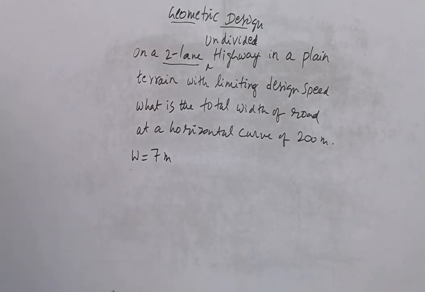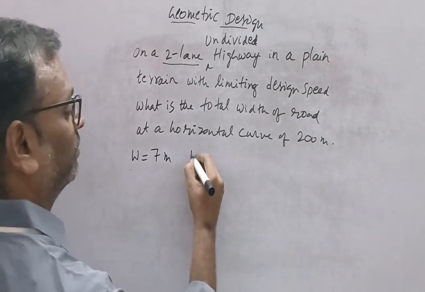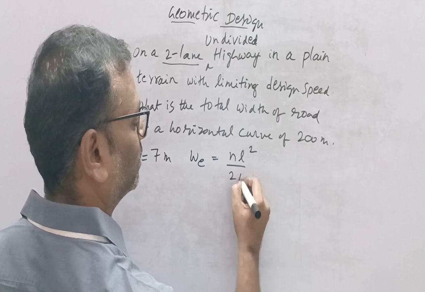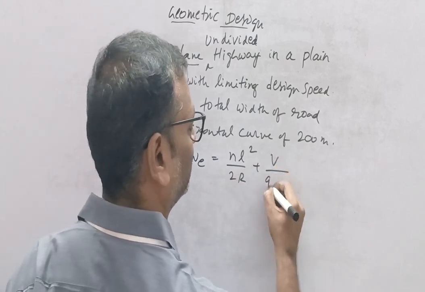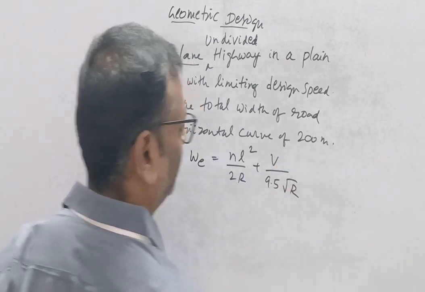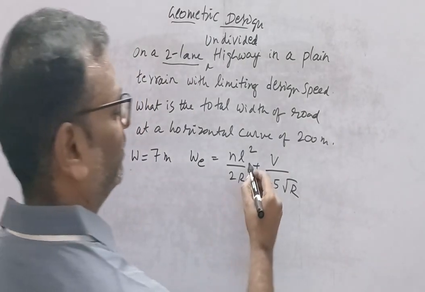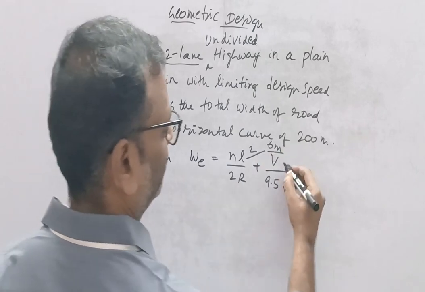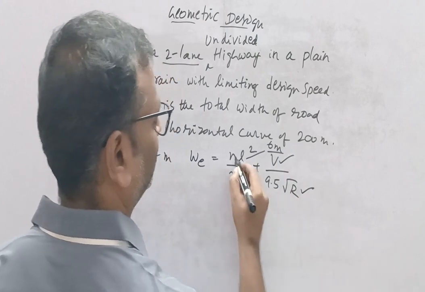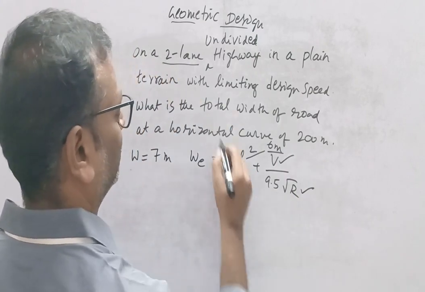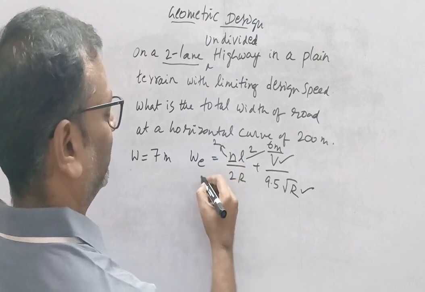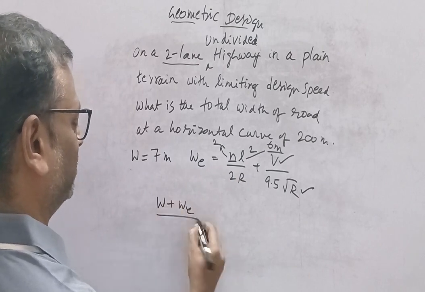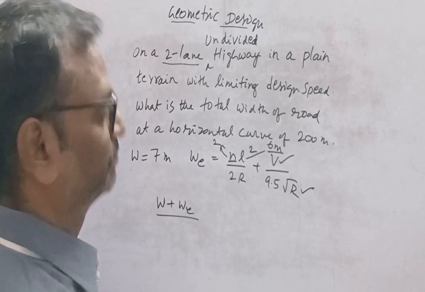But the total width has been asked, which means we have to add extra widening to it, which is NL square by 2R plus V by 9.5 square root of R. L we know we have to adopt 6 meter, V is given, R is given, and the number of lanes is also given, which is 2. So you have to calculate extra widening, and the answer comes as W plus WE.